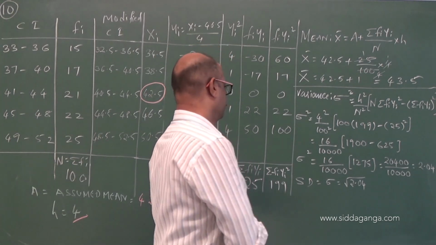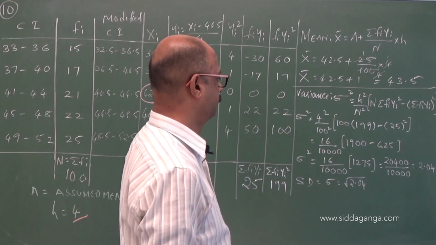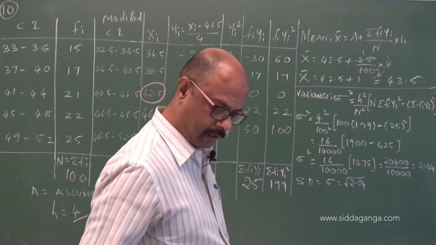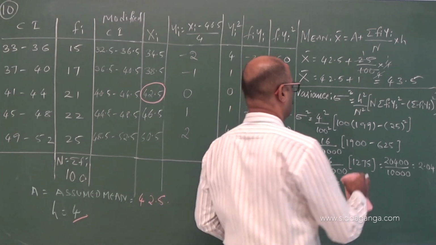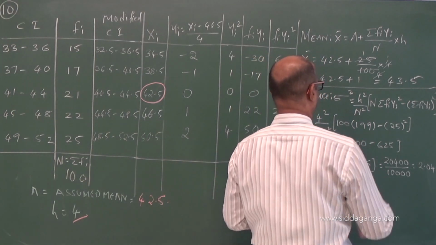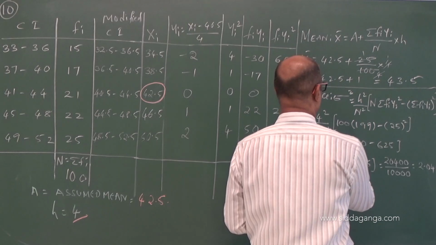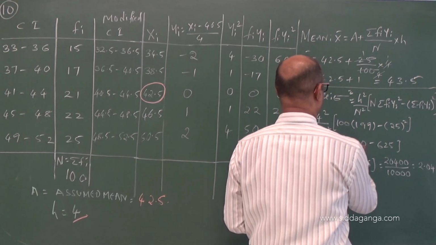N is 100, so 100 square, and here it is 199.